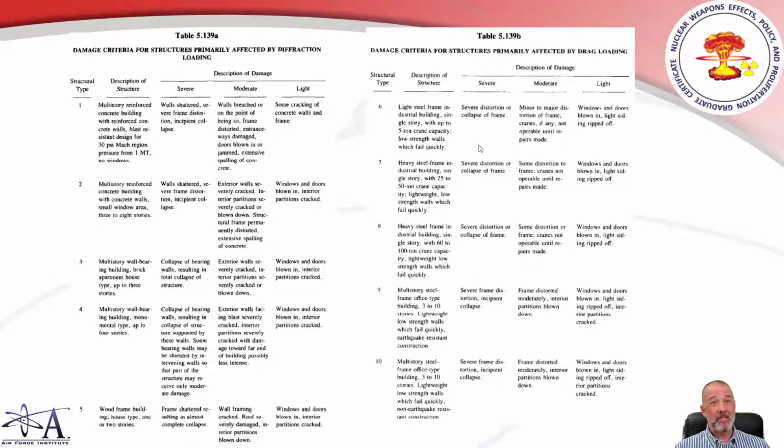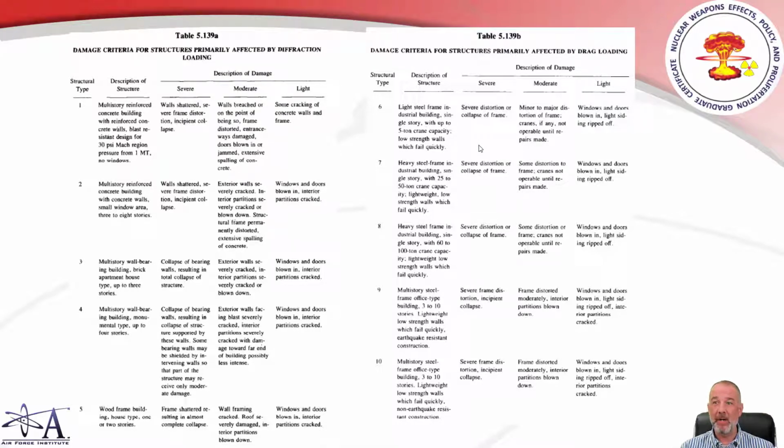So these categories are here, and we have 2 different tables, 5.19a and 5.19b, from your text, and these show the different types of damage for various structures that are affected by different types of pressure loading. So for example, structural types 1 through 5 are affected primarily by diffraction loading, and it tells you what kind of buildings they are.